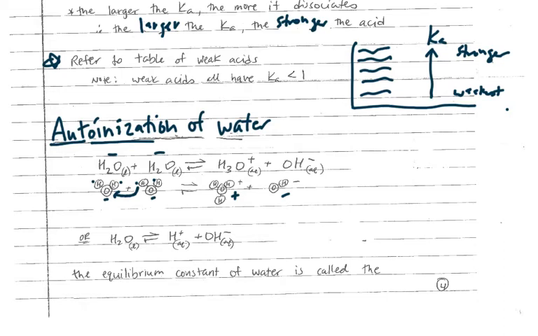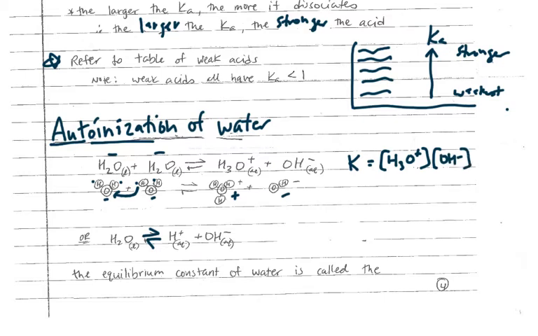Another shorthand way to write that is just take a water molecule and show its reversible dissociation into hydrogen ions and hydroxide ions. So we can write out an equilibrium constant expression for each of these equations, where it's aqueous product, H3O plus times OH minus, over aqueous reactant.